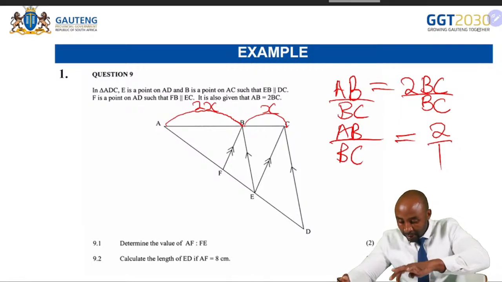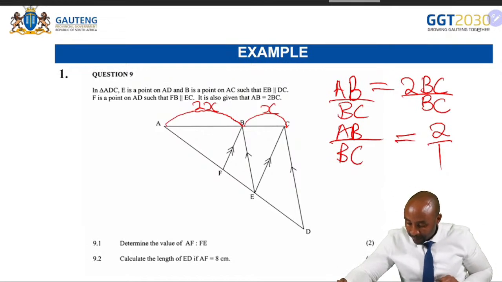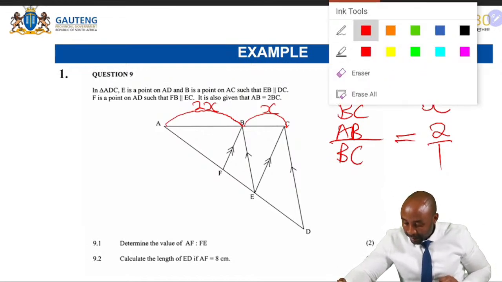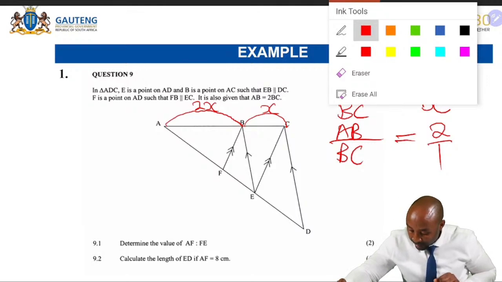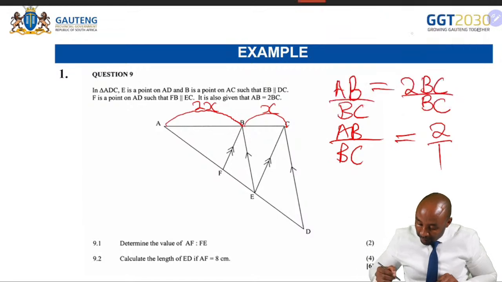Now, looking at that, what comes into my mind again? I'm able to see that I have triangles and parallel lines. It means I'm dealing with the proportionality theorem. But I have to be careful because I have 2 pairs of parallel lines, and I have to identify the triangle that I'm working with first before I answer the questions.